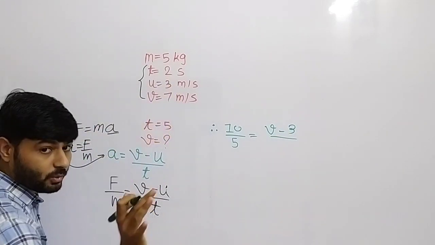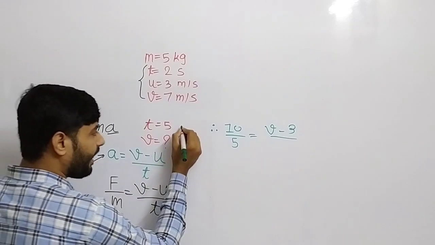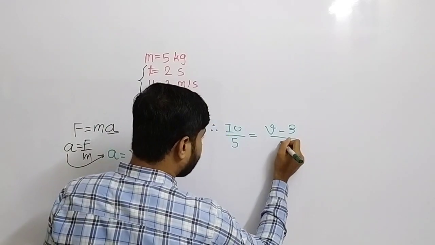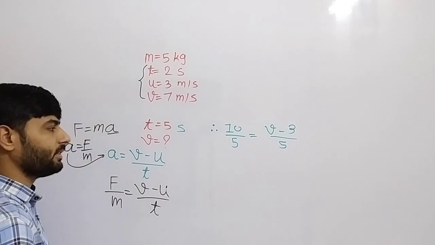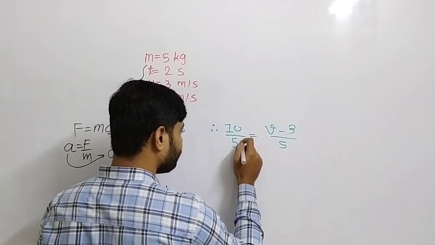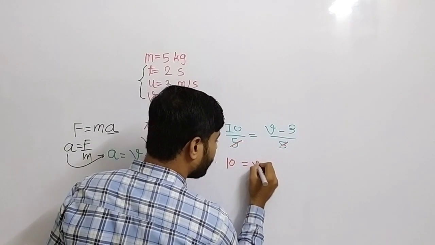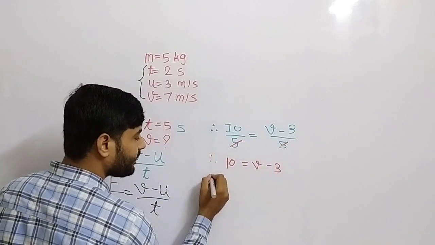Now T is not 2. In our second case we have T is equal to 5 seconds. So I write T is equal to 5 seconds. This 5 will be cut and we get 10 is equal to V minus 3.